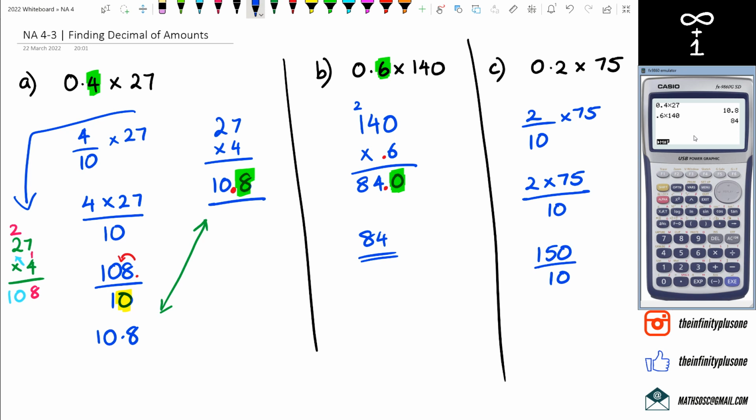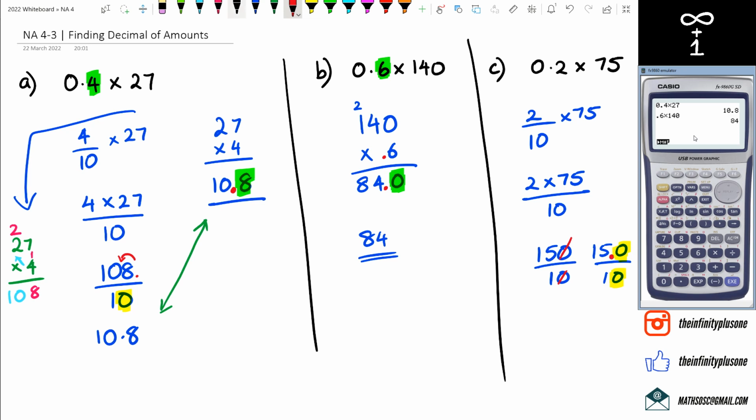And with 150 divided by 10, basically what's happening is the zeros are getting cancelled. Or you could say that because we've got a 0 there, our decimal point is going to end up in between the 5 and the 0.